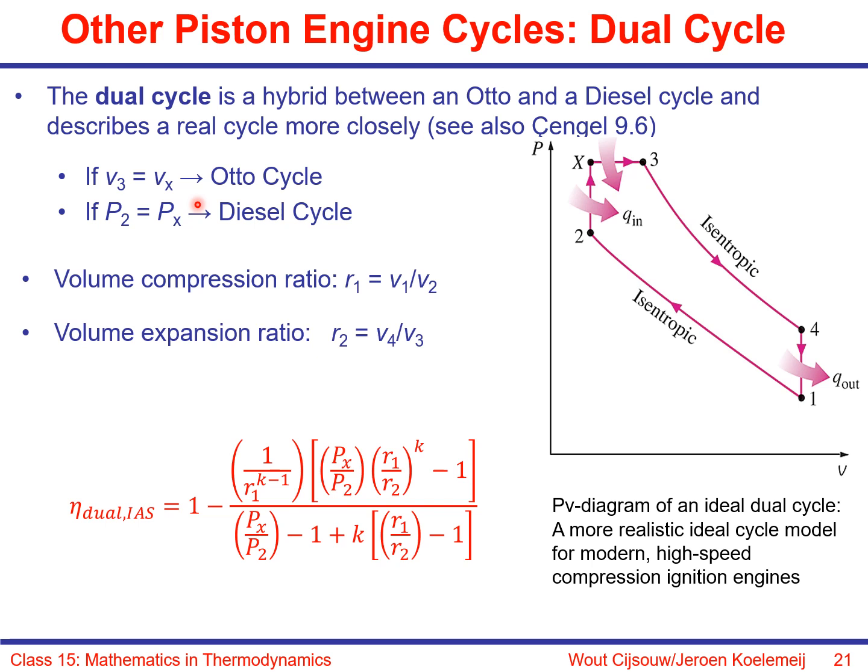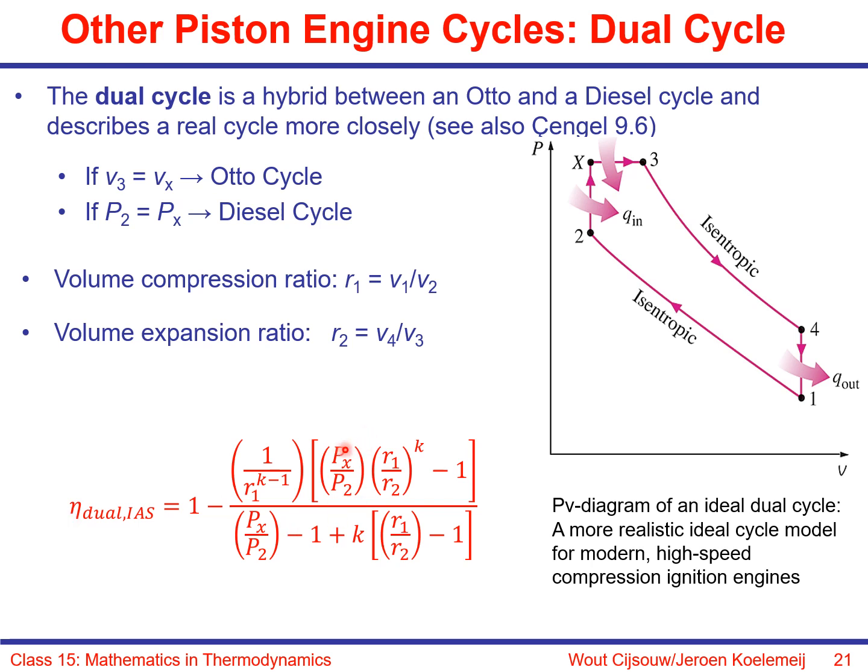And also the volume expansion ratio when going from 3 to 4, again along the isentropic process. And you will see R1 and R2, the compression ratio and the expansion ratio, come back in this expression for the efficiency of the dual cycle.